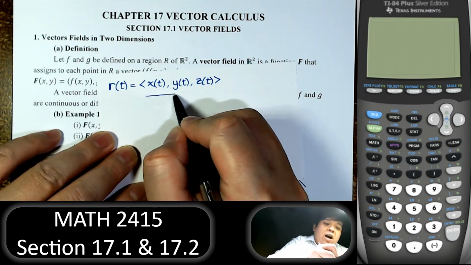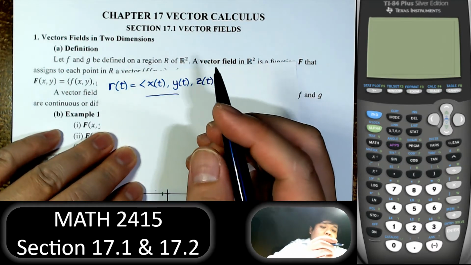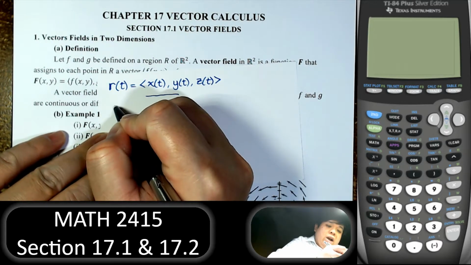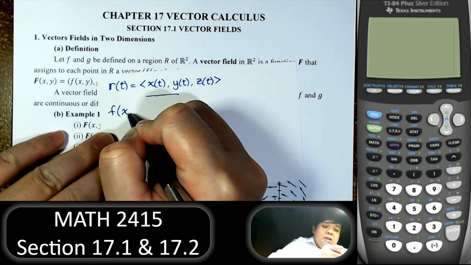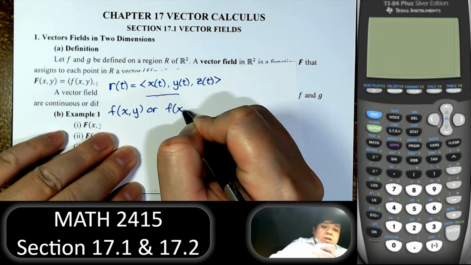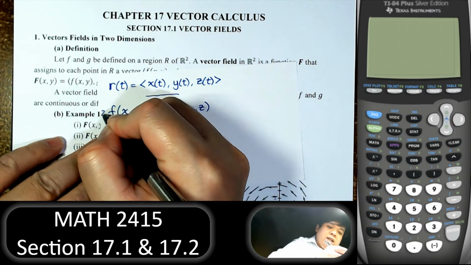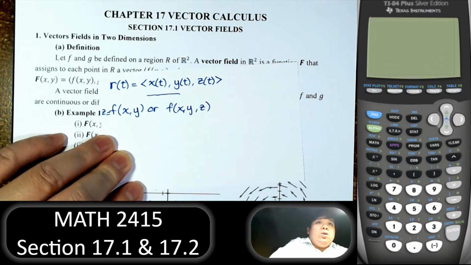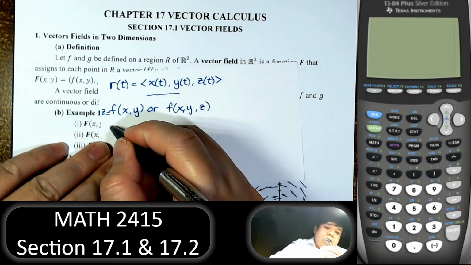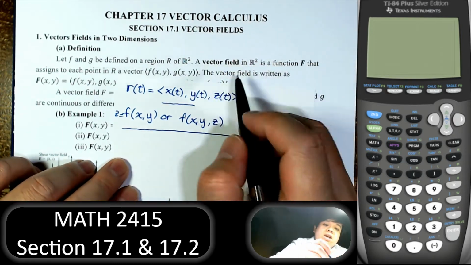So what we have earlier is a parametric function. This gives us a curve in R3, right? And then we have a function of two variables, or maybe three, or could be more. So let's say we might have z equal to a function of two variables. In this case, we have two independent variables and one dependent variable. In this chapter, what we study is a vector field.